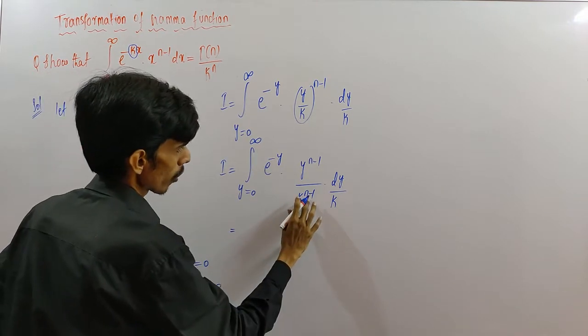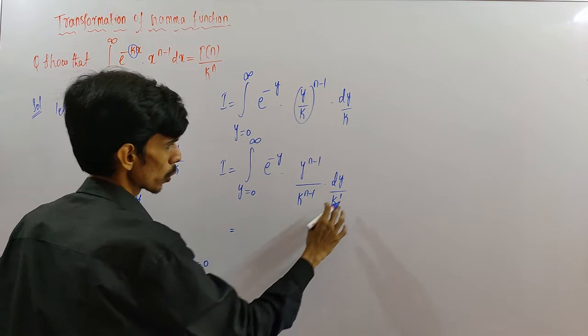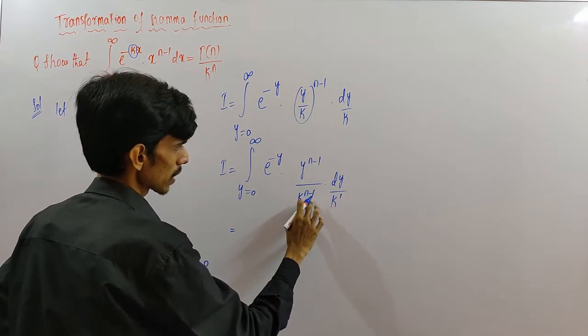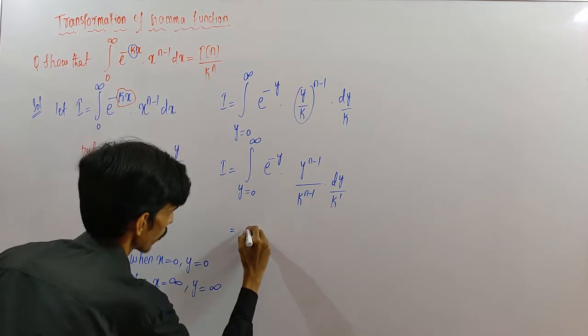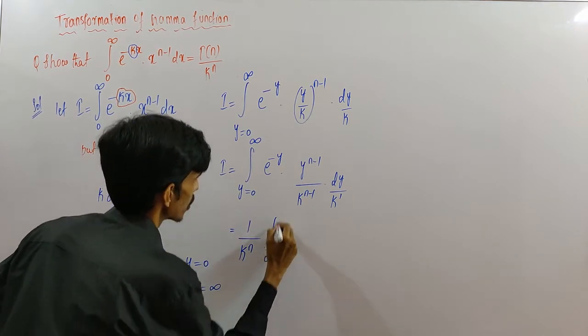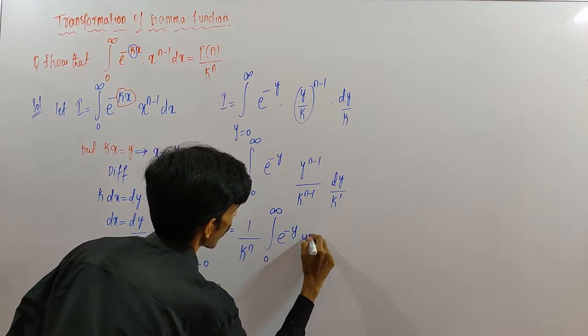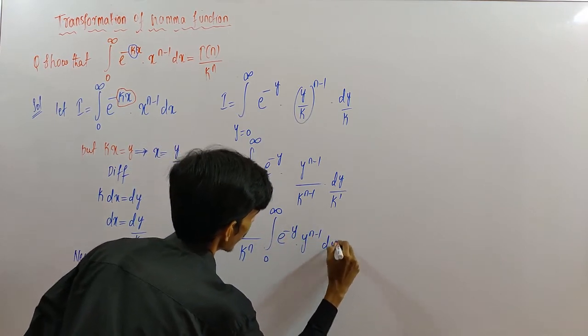Now k power of n minus 1 into k. Here bases are same, powers should be added, so we have k power of n taken out of the integral. 1 by k power of n integral 0 to infinity e power of minus y into y power of n minus 1 dy.